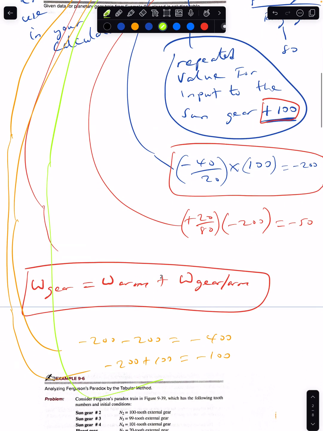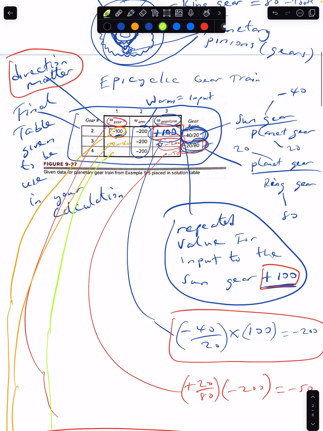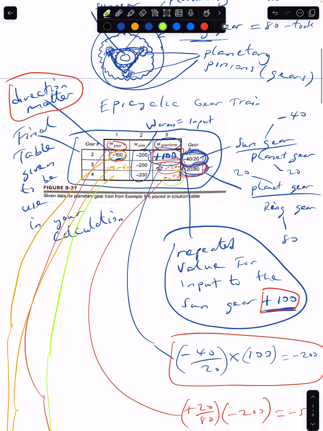So I have minus 200, and then this angular velocity for gear arm is minus 50. I have minus 50, and I have minus 250. So this value is going to be minus 250. And that is how this table for the epicyclic gear train is formed.